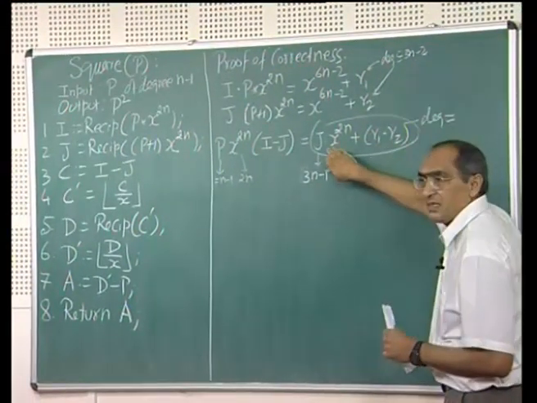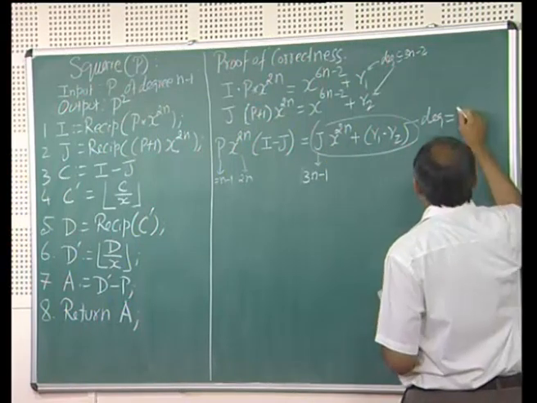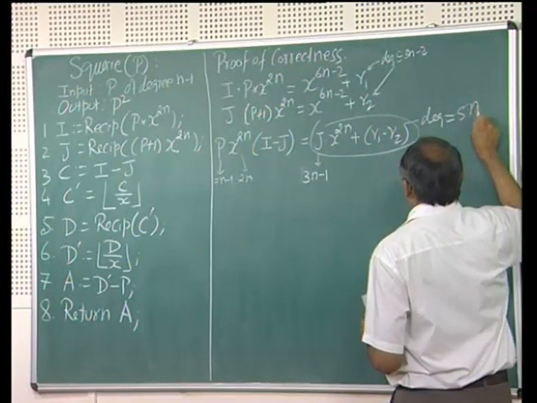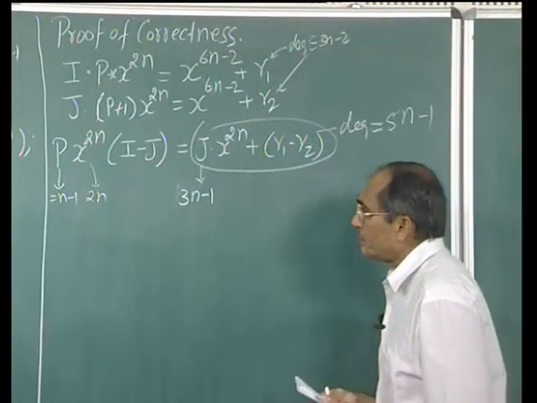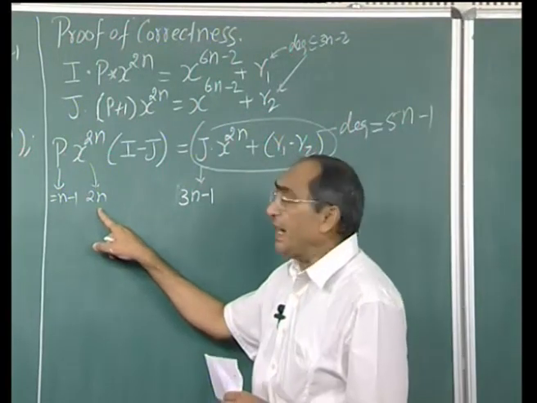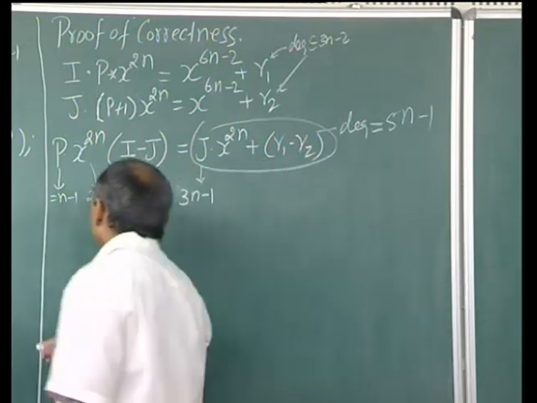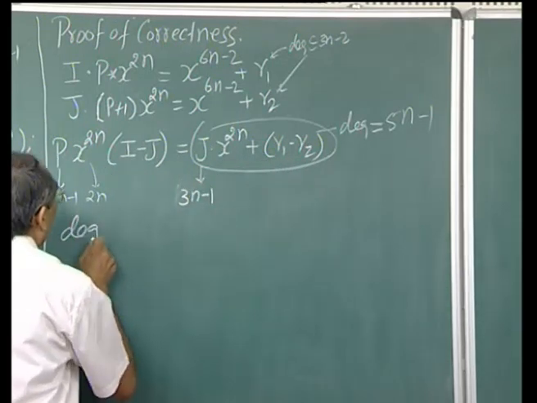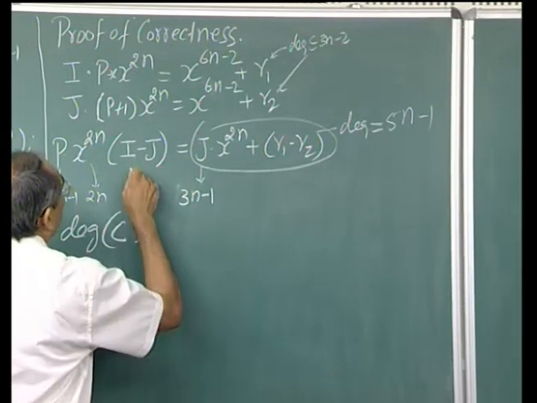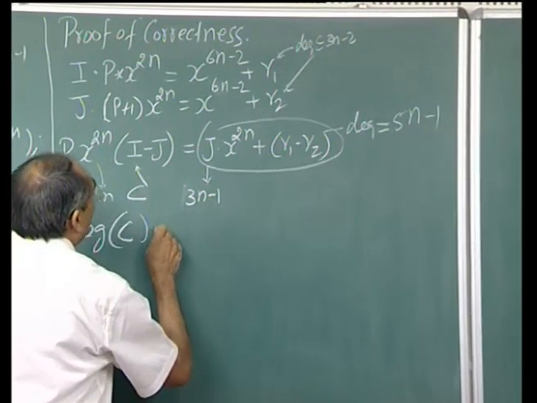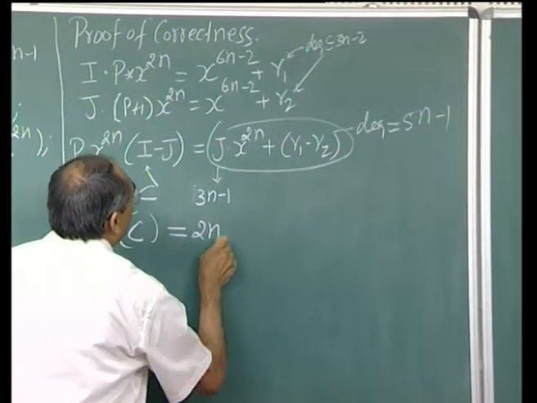So, nothing can cancel any part of this. So, this has degree 5n minus 1. These two together add up to 3n minus 1. So, we know that the degree of C is precisely equal to 2n.